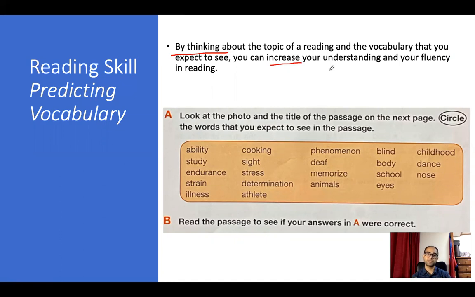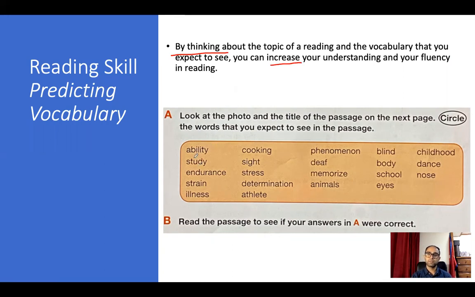You can read faster. Okay, so look at the photo and the title of the passage on the next page. The photos are on page 64 and the title of the passage is on page 65, which is Seeing with the Ears. And circle the words that you expect to see in the passage.